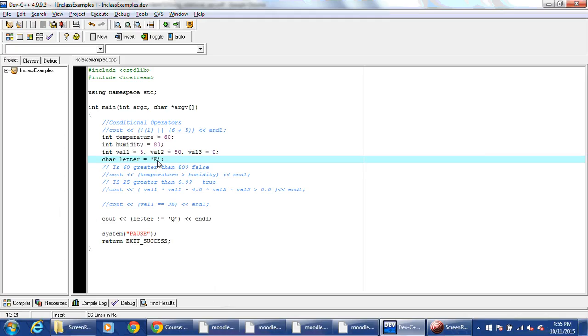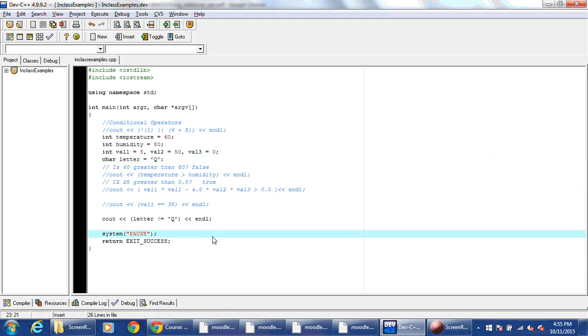But if I say Q here, right, and I ask the question, is letter not equal to Q? So you're asking, is Q not equal to Q? That's false because it is equal to Q, right?